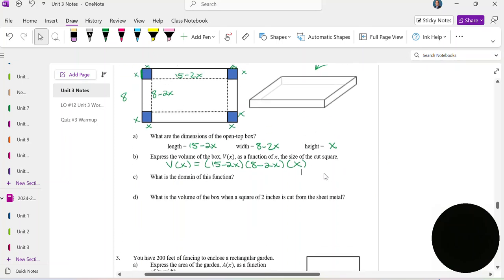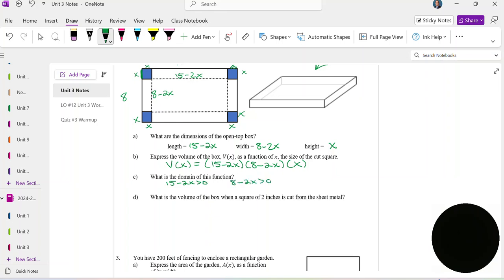So it says, what is the domain of this function? And the domain, well, remember, each side has to be greater than 0. So let's make 15 minus 2x greater than 0, 8 minus 2x greater than 0, and x greater than 0. So x is less than 15 halves, or 7.5 if you want to use decimals.